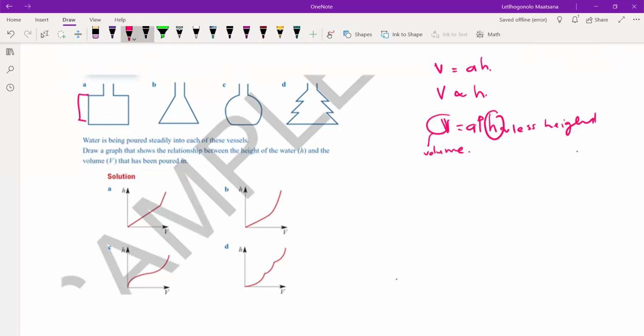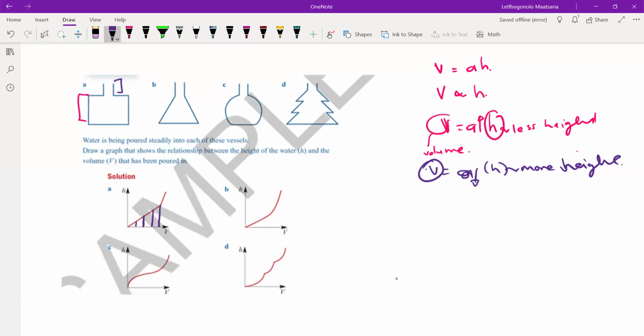Whereas for the green part over here, we have a much lower cross-sectional area, so we would require more height for the same volume. So let's say that we're increasing the volume by 1 meter cubed each time.